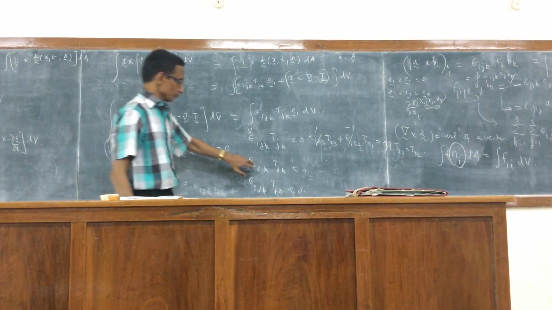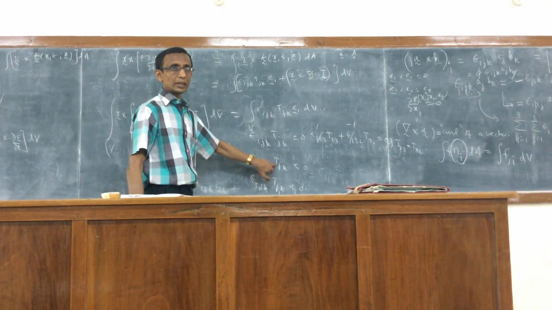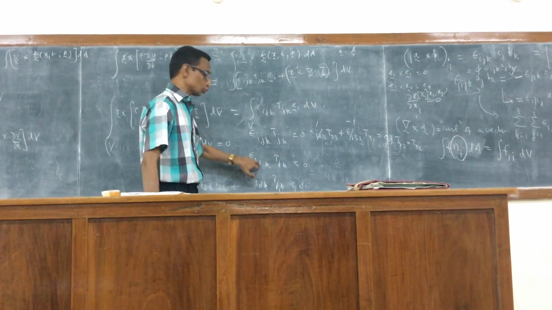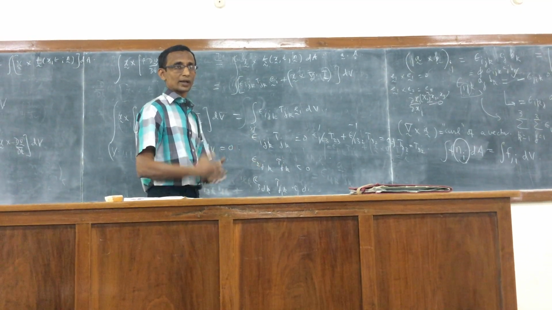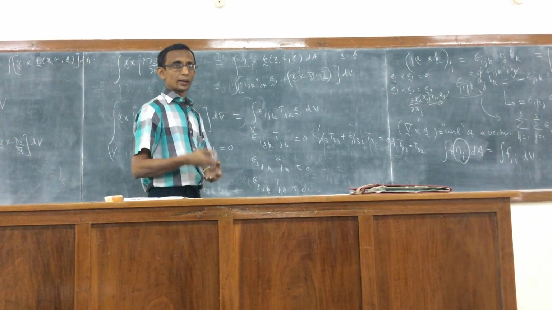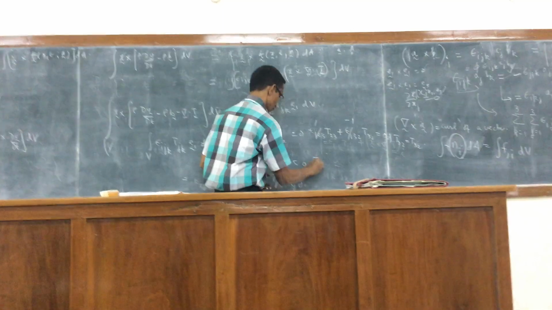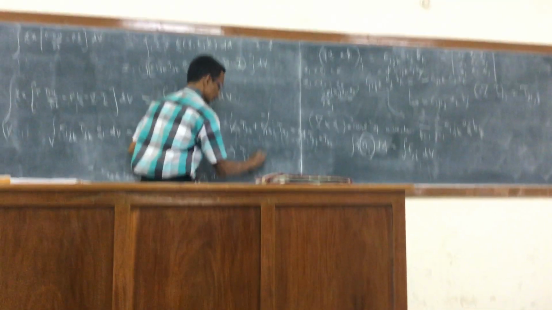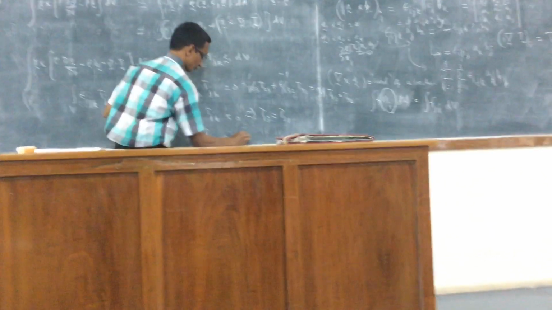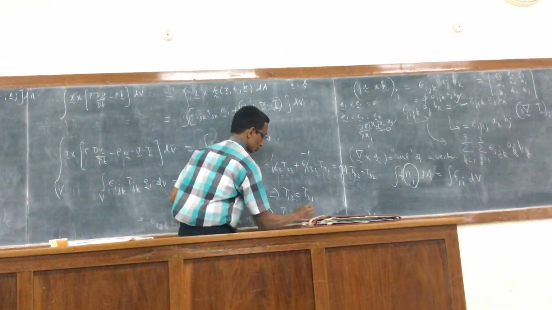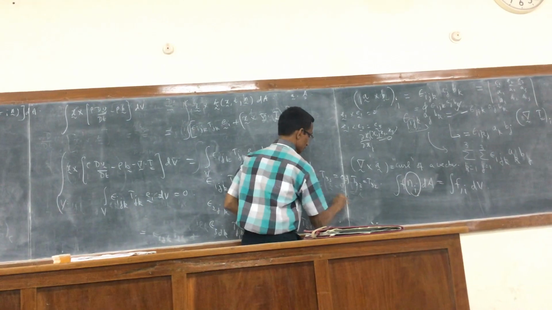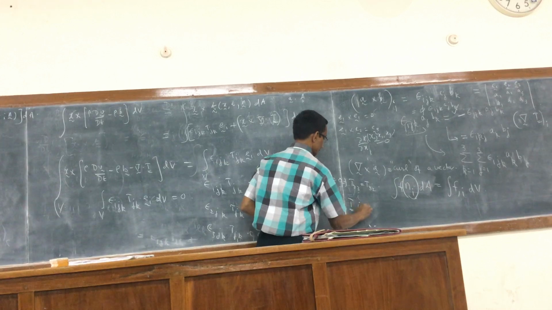Now this one is E213 T13 plus E231 T31 equal to 0. Again, one of the epsilons will have positive 1, another will be negative. So from that, you will clearly show T13 equal to T31. And from this, you can show that T12 equal to T21, which implies that T is symmetric.